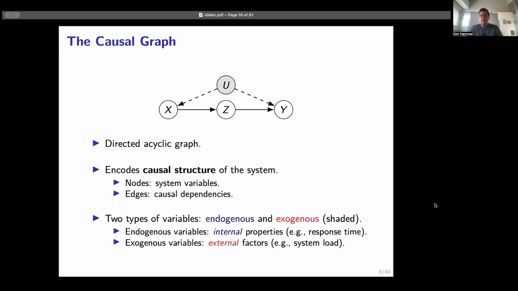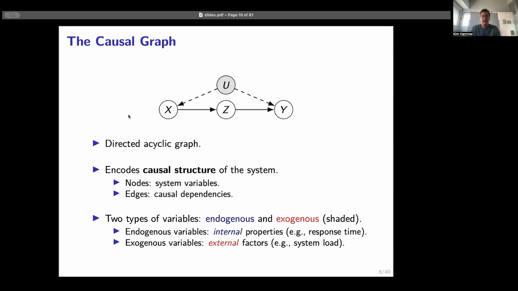So at the center of a causal model, we have a so-called causal graph, which encodes the causal structure of the system. The nodes in this graph correspond to system variables, and the edges represent causal dependencies. Here we distinguish between two types of variables.